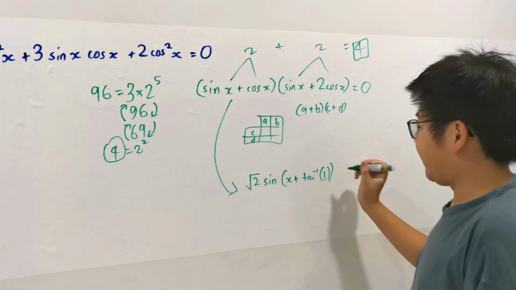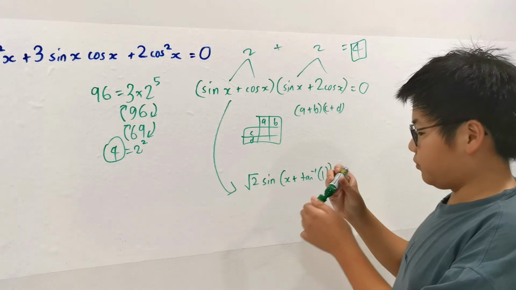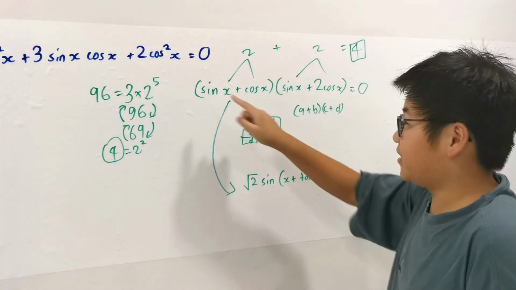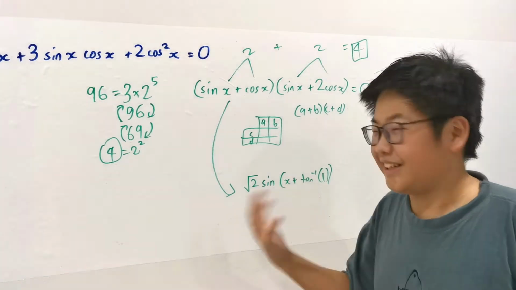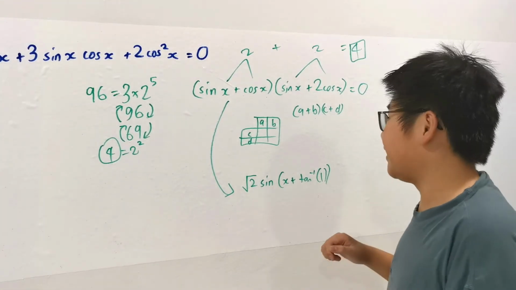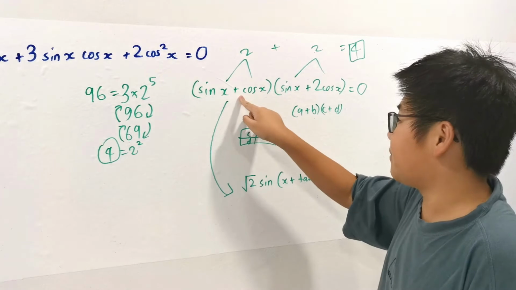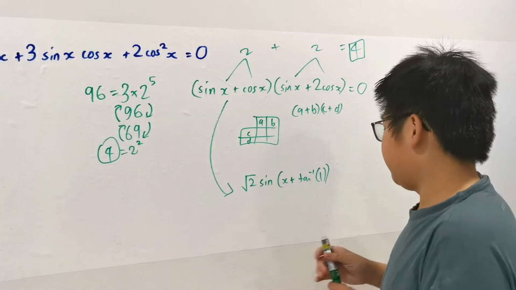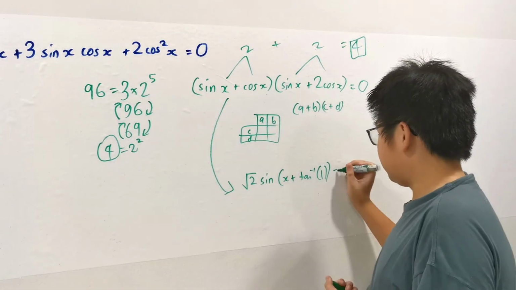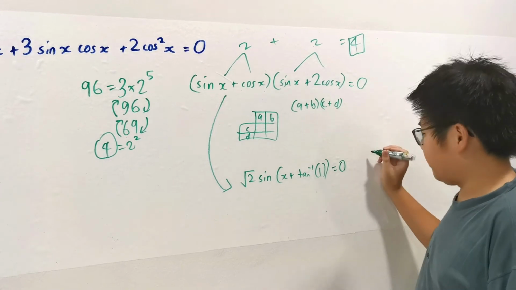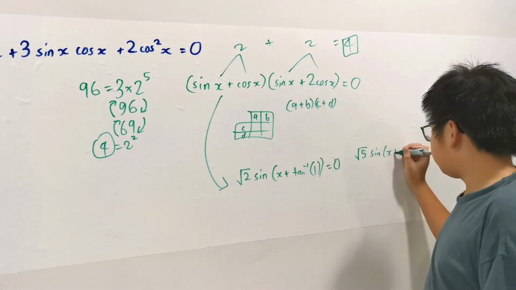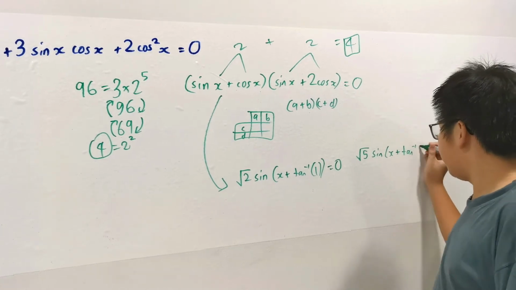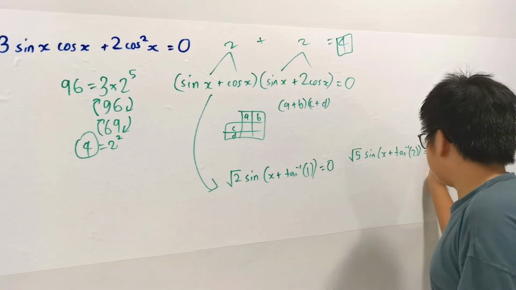This is the first bracket. So you see where we got the root 2 from? We use Pythagoras' theorem. This is 1 and this is 1, and then we literally take the diagonal of that rectangle, and you take tangent inverse of this number over this number. It's tangent inverse 1. Now you try the other one: root 5 sine of x plus tangent inverse 2 equals 0.